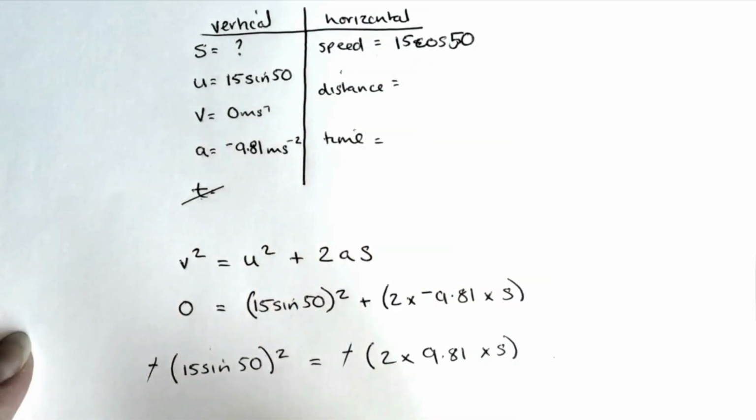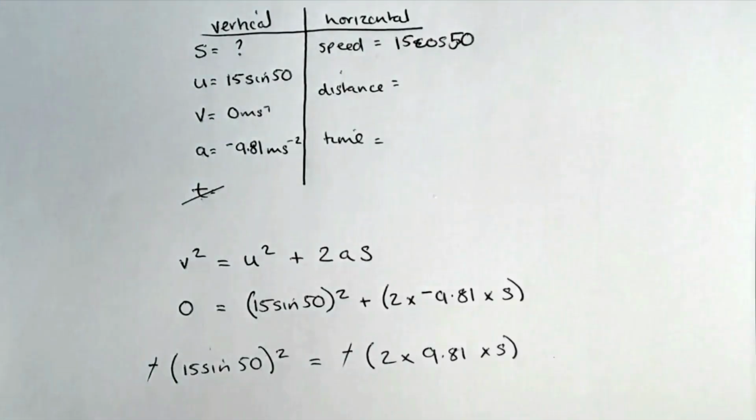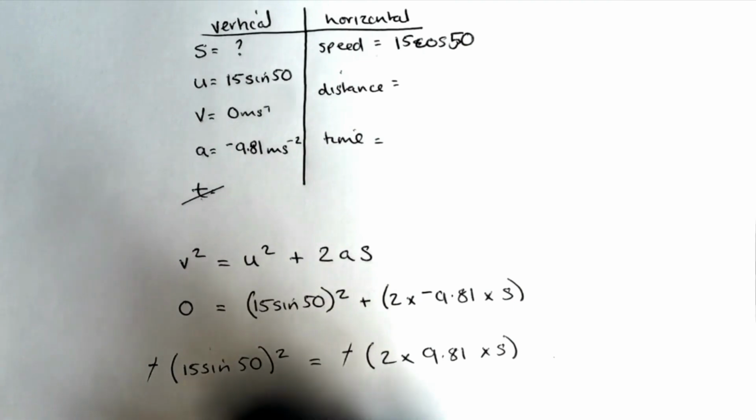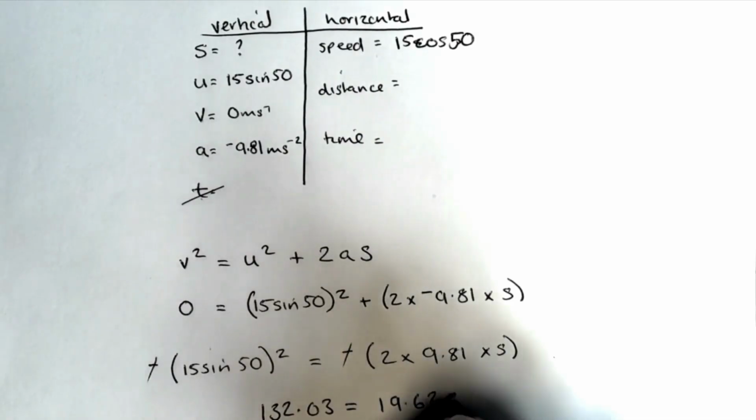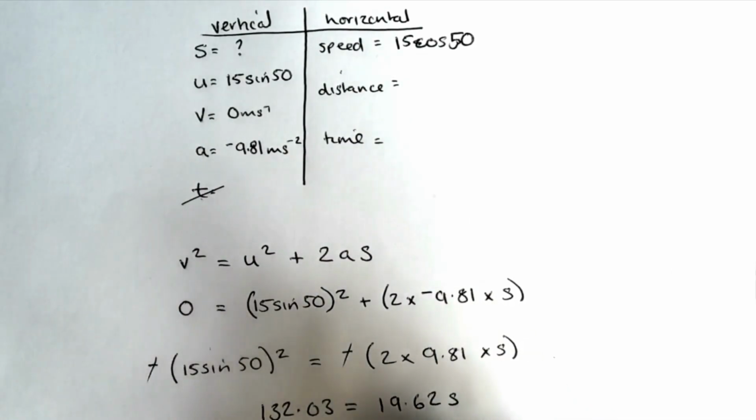Minuses cancel. Once you play about with your calculator, you will come out with 13.203 equals 19.62s. So s equals 6.73 meters.